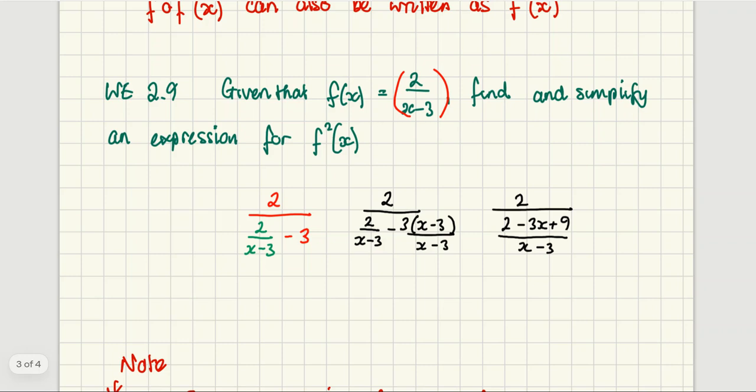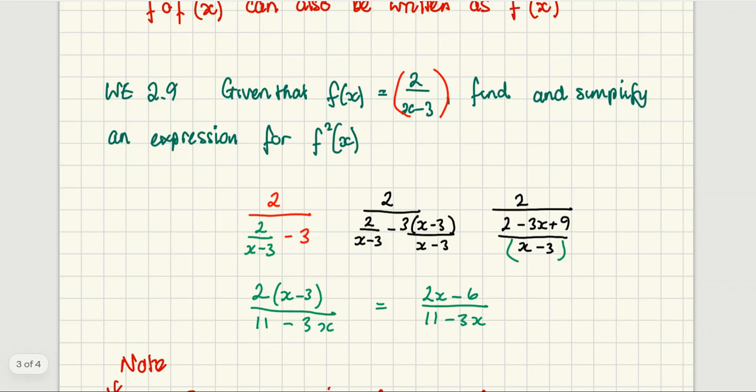Now when you've got this sign, obviously you divide by a fraction, so you can multiply by the reciprocal of the fraction. So we've actually then got 2 times that x minus 3 on the bottom here, over, simplify that a bit, 2 and 9 is 11 minus 3x, which is 2x minus 6 over 11 minus 3x.